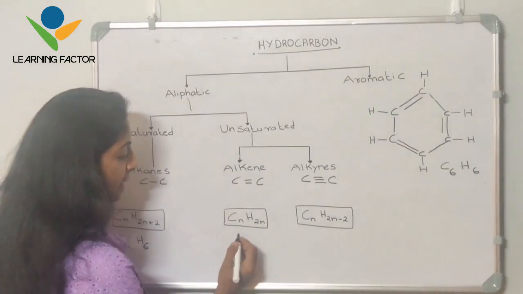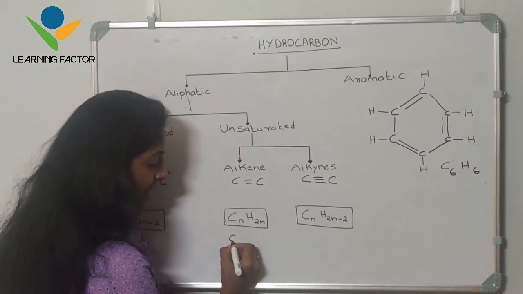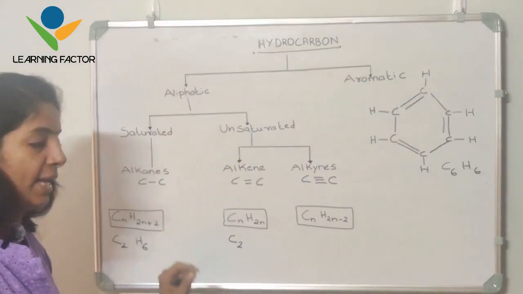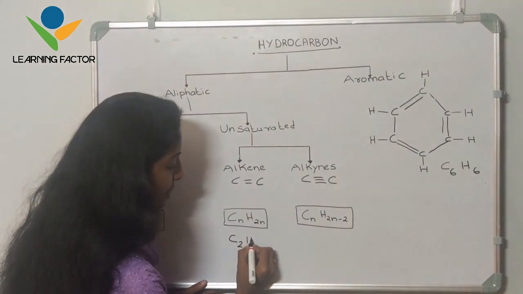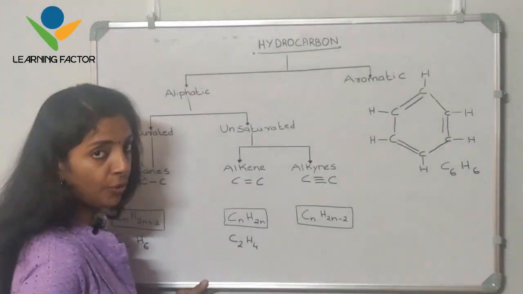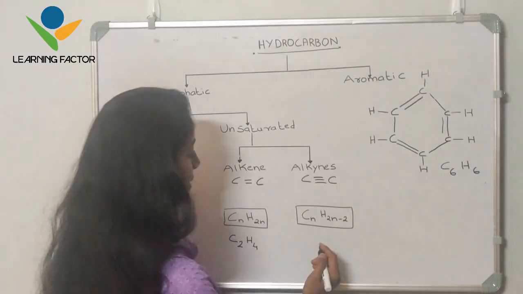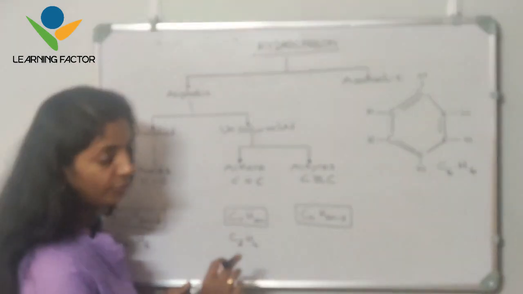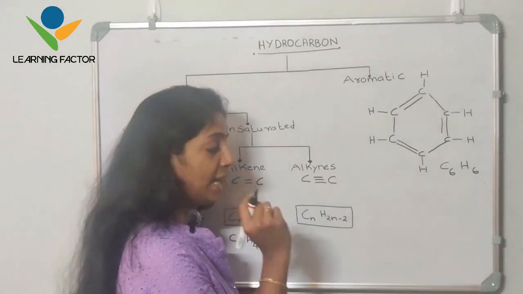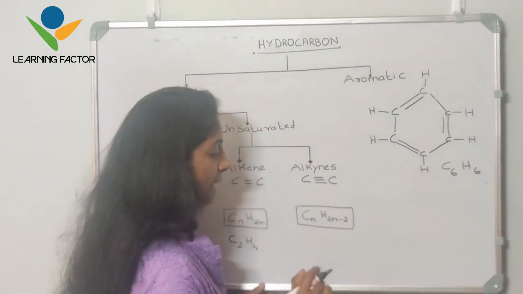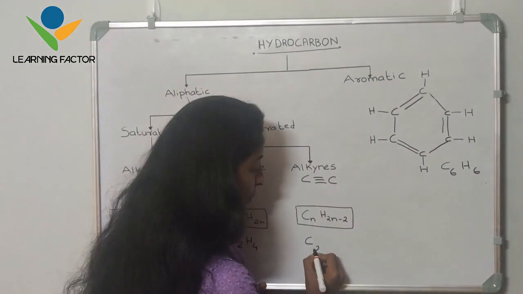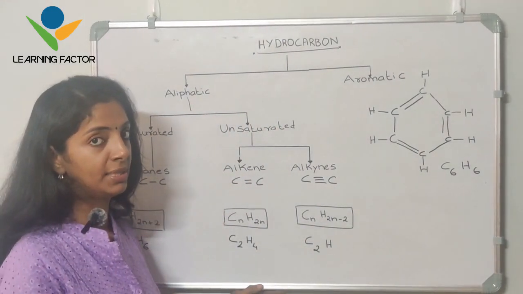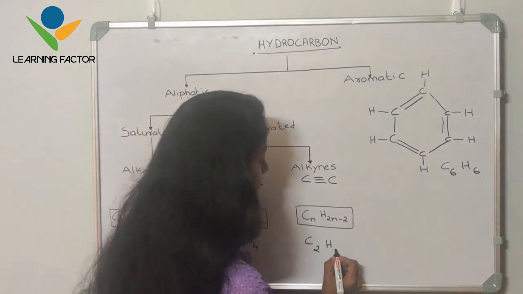Similarly, for an alkene having 2 carbons, it will be C2 and 2n will be H4, since n is 2 and 2n is 4. For an alkyne having 2 carbons, it will be C2H, 2n is 4 and 2n minus 2 is 2.